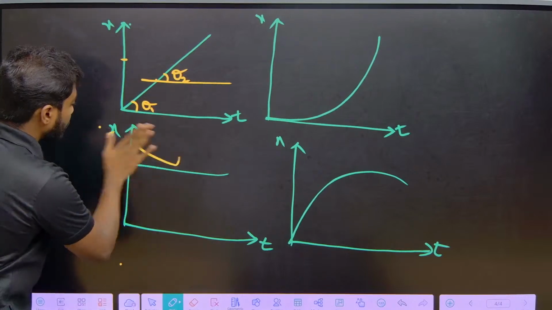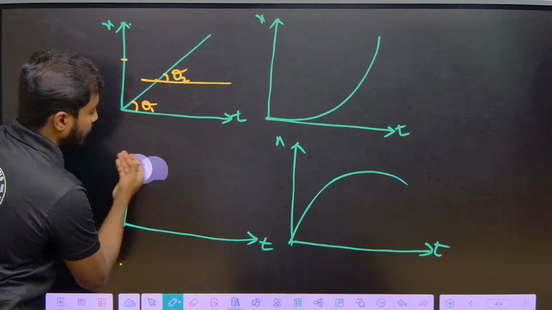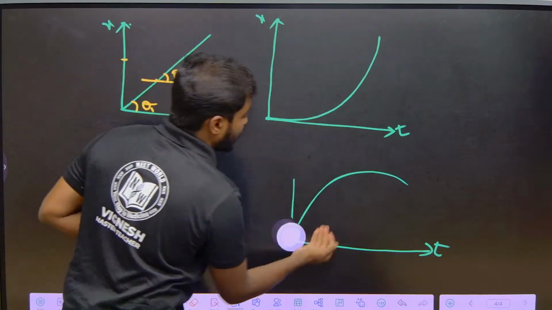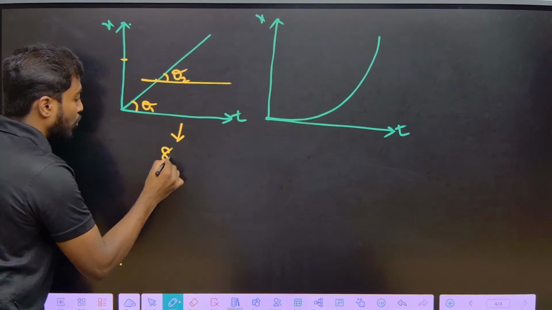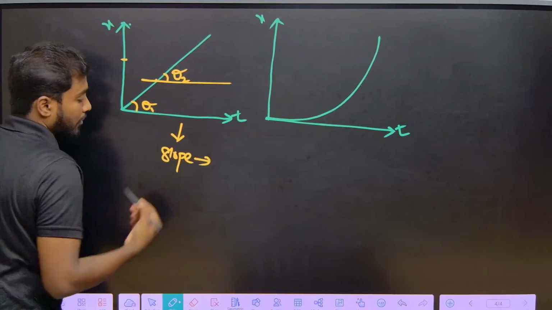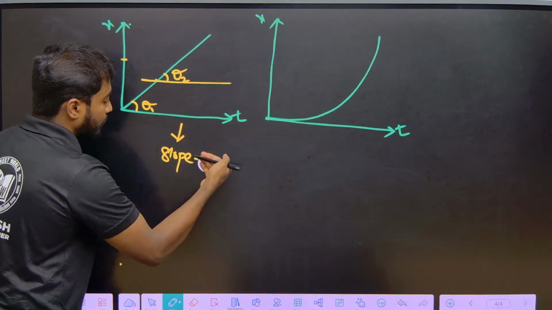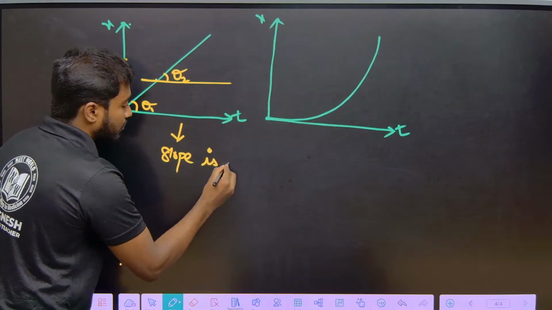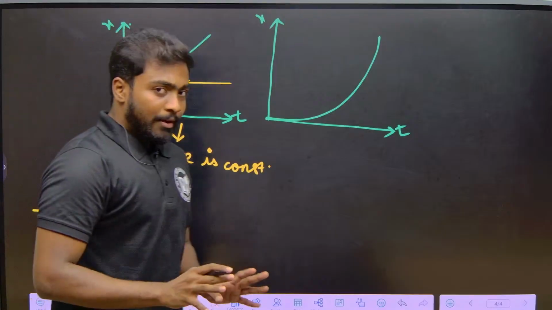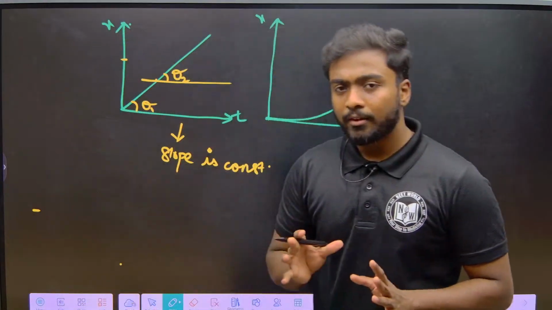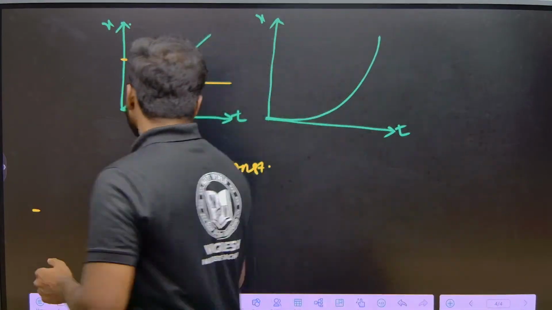Let me draw this in the next page. These two I will take in the next page, guys. Slope is constant. Now what we have talked about: x-t graph slope gives velocity, right?